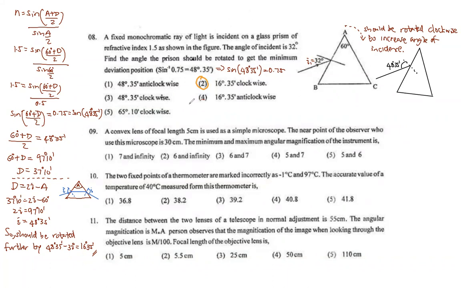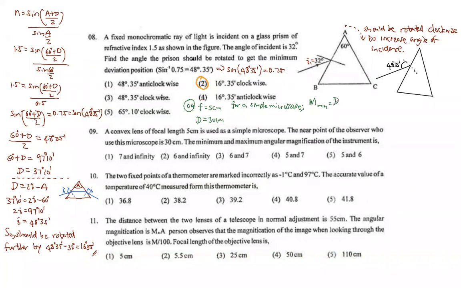This is the explanation for question number 9. They have given us f equal to 5 centimeters, and they have given d, that is equal to 30 centimeters. For a simple microscope, what is the minimum value of angular magnification, people? The minimum value is when you get the image at infinity.